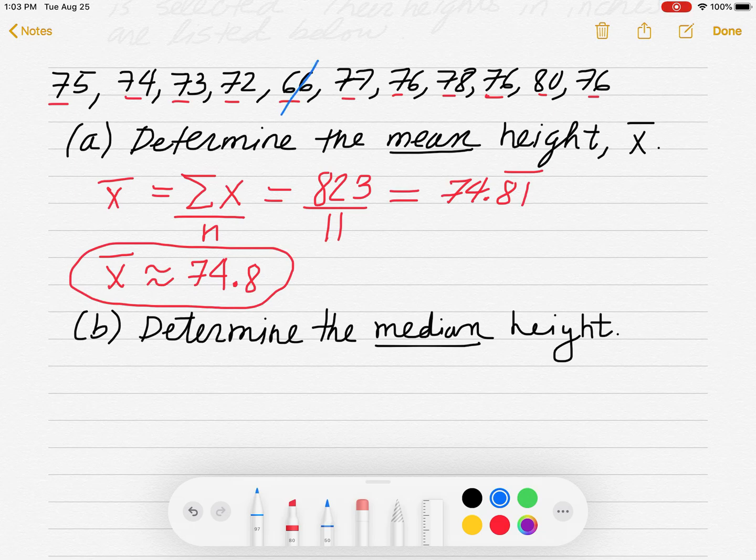I'm going to start off with 66. It's the smallest number. From there, I believe 72, 73, 74. And from there, 75, 76, 76, 76.